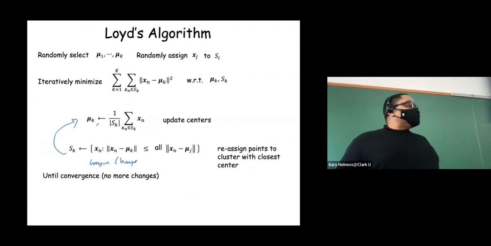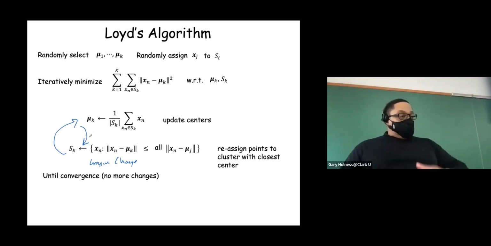Because you've conceivably reassigned the points to different groupings, you then recalculate the centers, because the center is going to change. And so you alternate between updating the center and regrouping based on proximity to the updated center. And you go back and forth in alternating fashion.